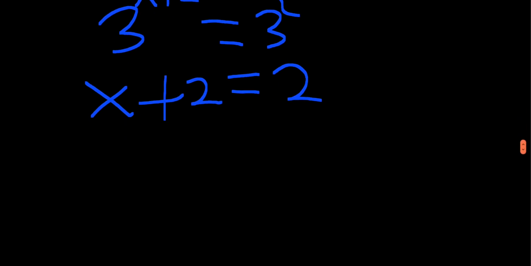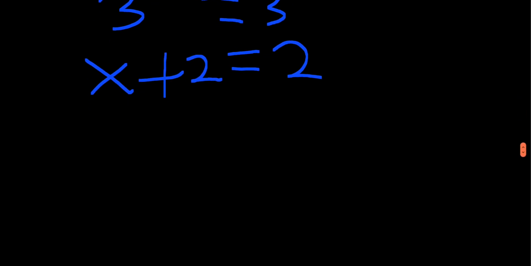In order to get the value of x, we just have to subtract 2 from each side, or we add the additive inverse of 2 to both sides, which is what? Negative 2.